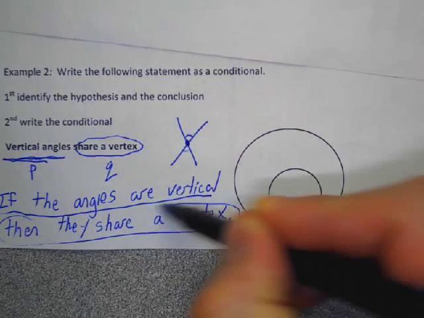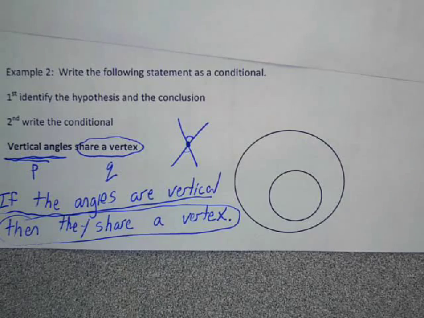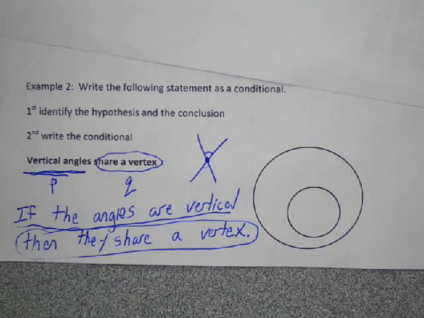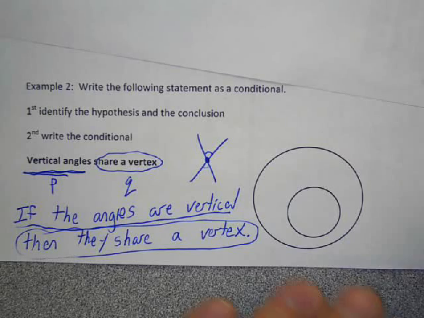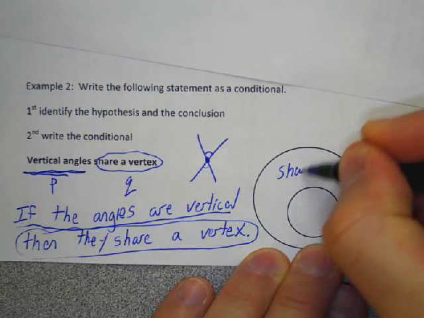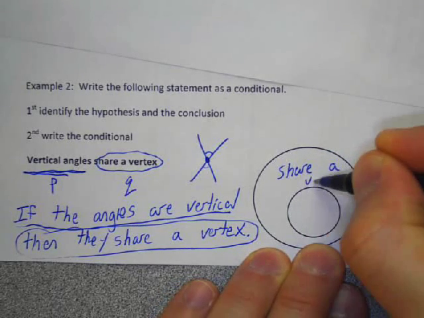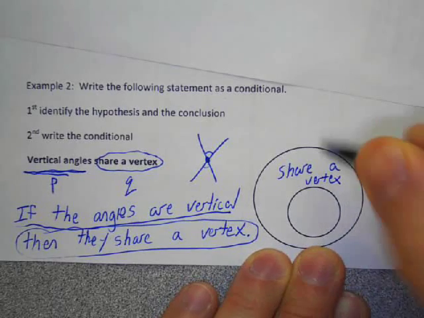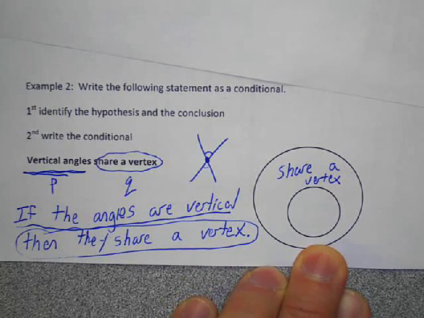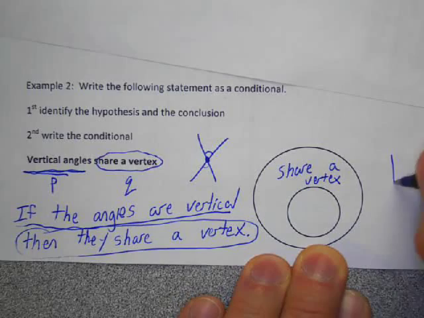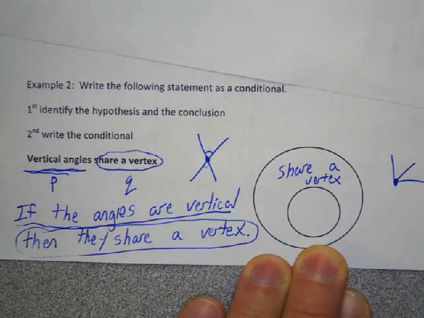With our diagram this time, let's talk about the conclusion first. We can talk about all angles that share a vertex. Adjacent angles share a vertex. Linear pairs share a vertex, and so on.